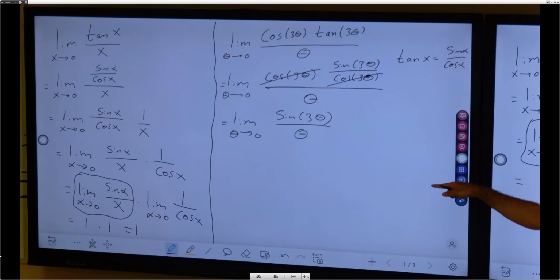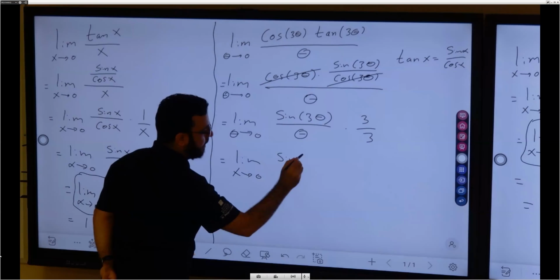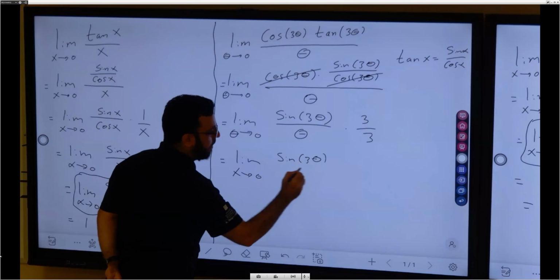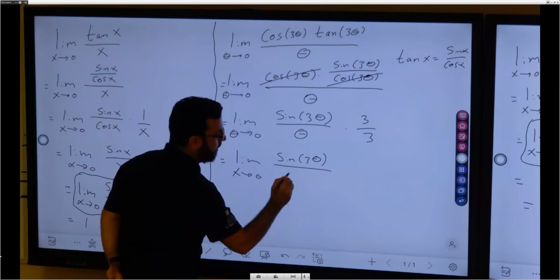Now it's with the number. You bring this 3 here and keep the 3. So it looks like the limit as theta approaches 0 of sine 3 theta over 3 theta, times what's left here, 3. Take the limit for both.